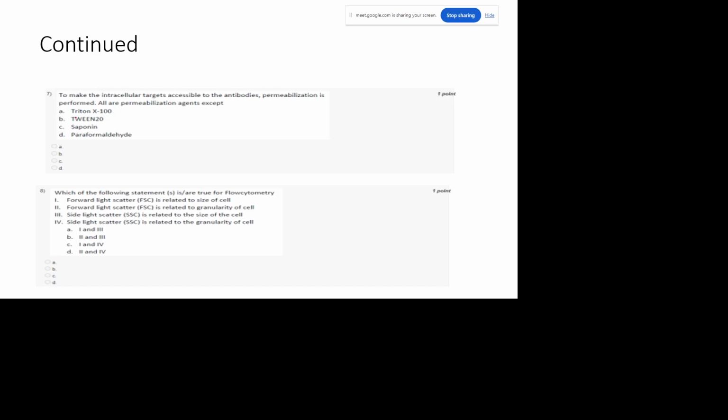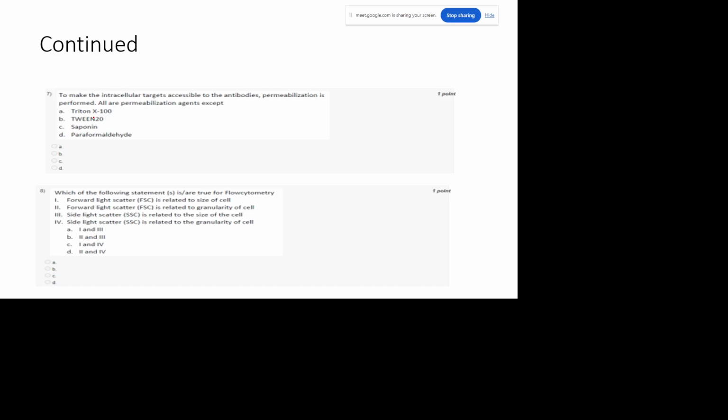Why? Because the job of these non-ionic detergents, for example Tween 20 or Triton X-100, they are not that strong, so they will solubilize the membrane. That is the job of detergent. So they will make small holes in the cell membrane, right?